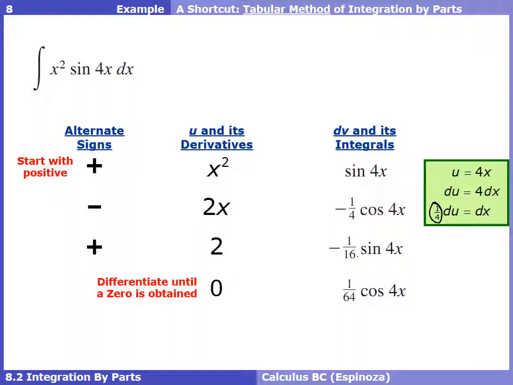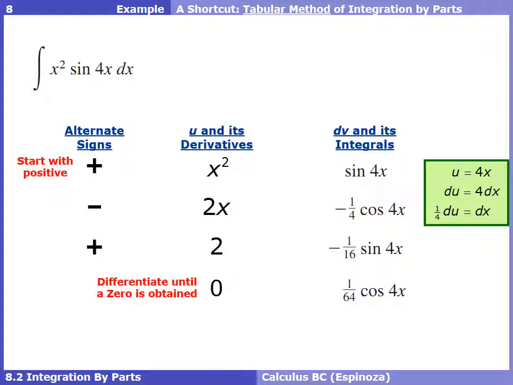So 1/16 times 1/4 would give us 1/64. So just be careful with this kind of a problem. That's why I wanted to do this as the last example. So you can see that this 1/4, because of the u substitution, will be present in every one of these steps when we're taking the integrals.